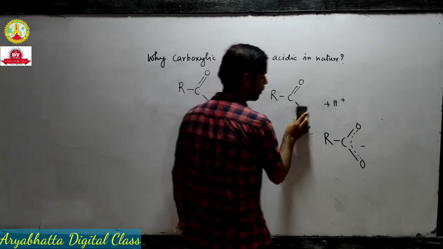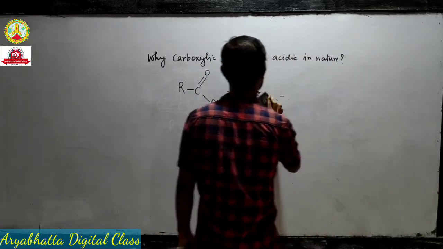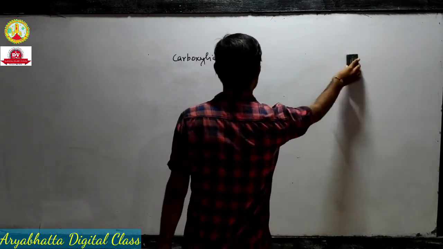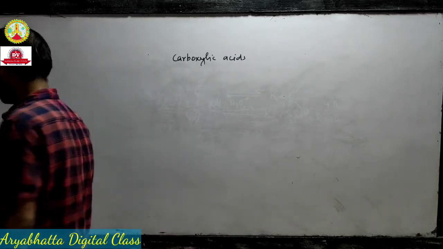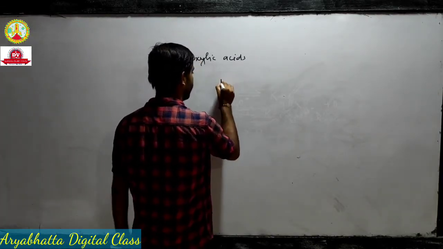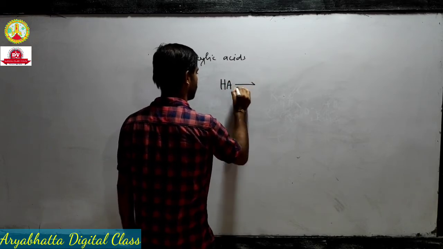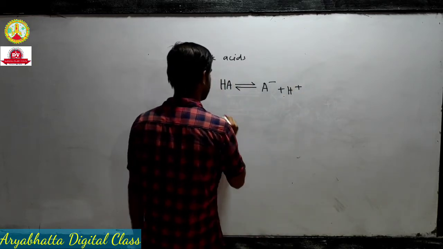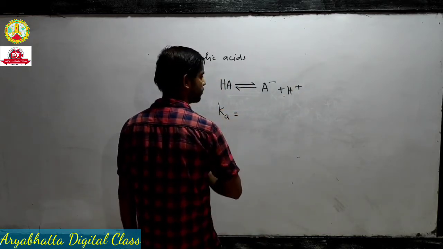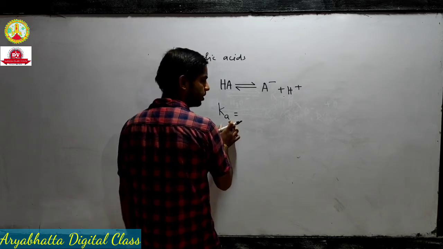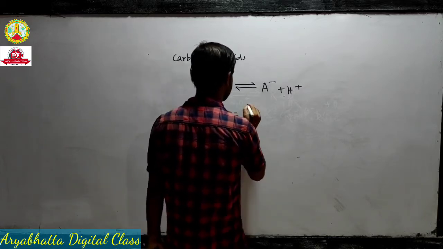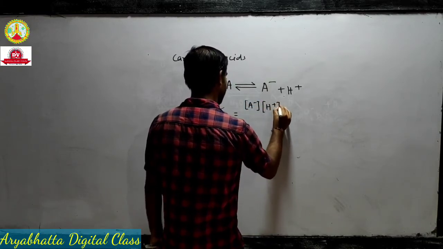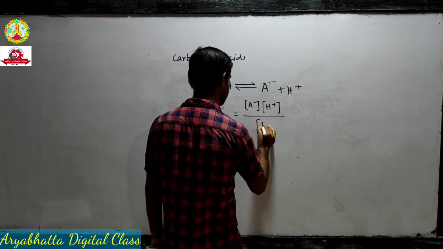Now, since we are discussing the acidic behavior of carboxylic acid, I hope you all know that when an acid HA dissociates into A minus and H plus, this is Ka, that means the dissociation constant or equilibrium constant, and it's written as A minus times H plus divided by HA.